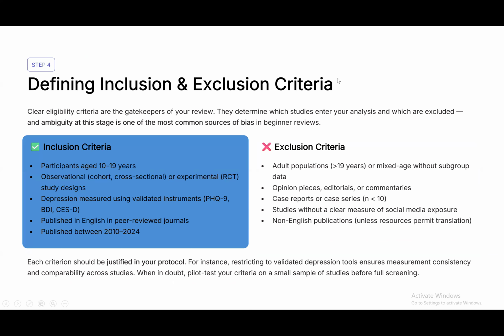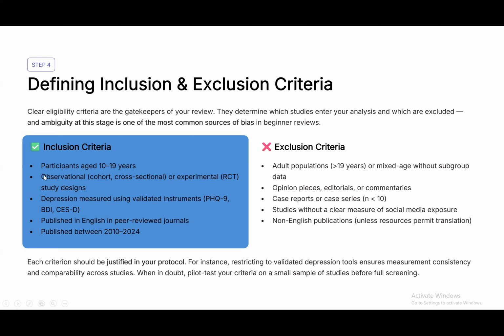So inclusion and exclusion criteria work the same way. You try to outline some of the criteria for choosing papers in your systematic review. All right. So what are the qualities you're looking for based on population, what age? Say you want a girl aged from maybe 19 to 24, right? That's cool.